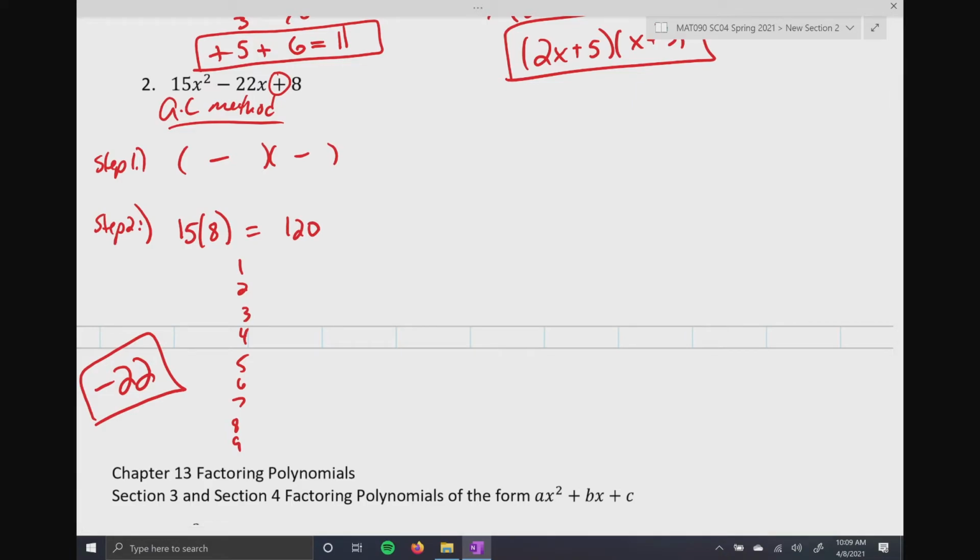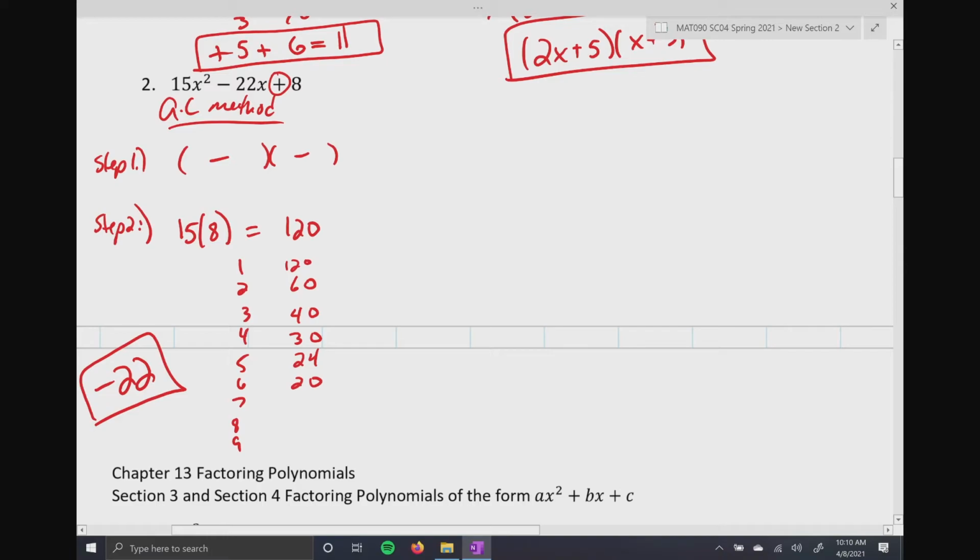So here we go. 1 times 120 is 120. 2 times 60 is 120. 3 times 40 is 120. 4 times 30 is 120. I forget what 120 divided by 5 is. 24. What was it again? 24. Thank you. All right. 6 times 20 is 120.